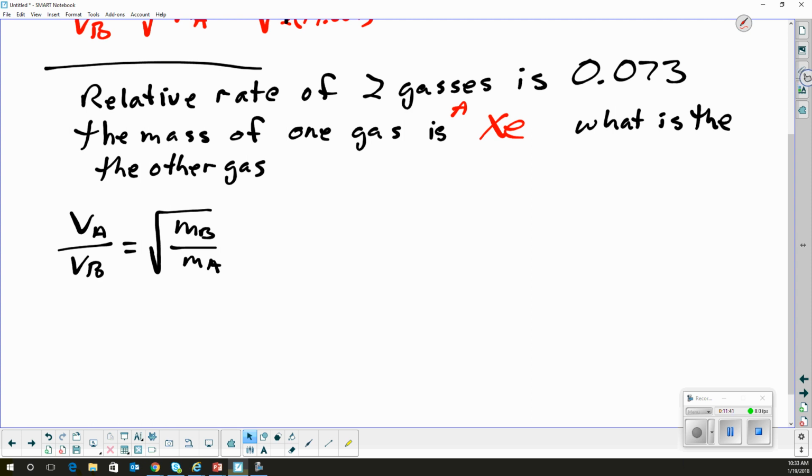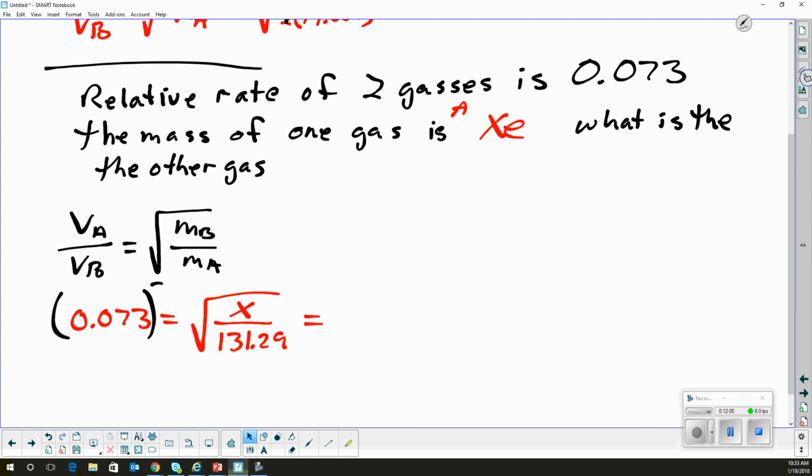So here what I would do is I plug in what I have. That would be the relative rate, which is this, equal to the square root of an unknown divided by the mass of xenon, which is 131.29. The first thing you want to do is square both sides.